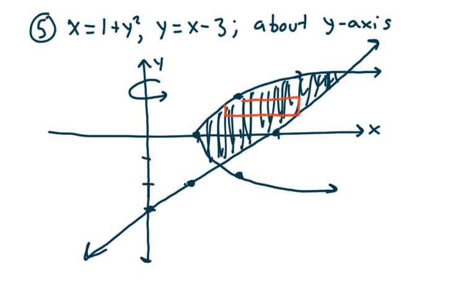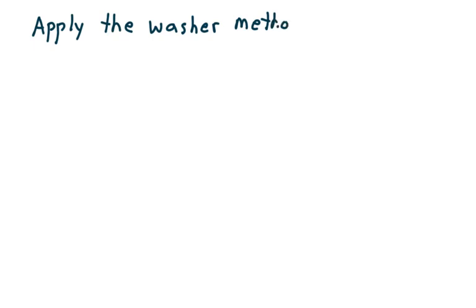So notice my rectangle in red here. And so I want to apply the washer method. But in order to do that, we need to have an outer radius, we need to have an inner radius, and then we need to have our limits of integration.